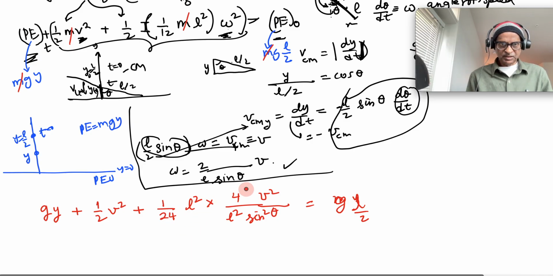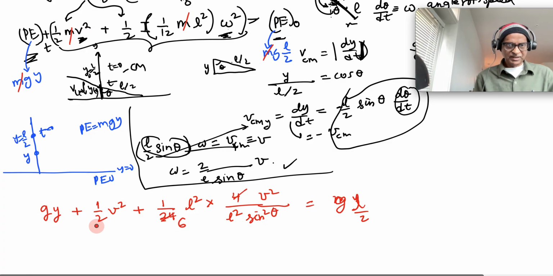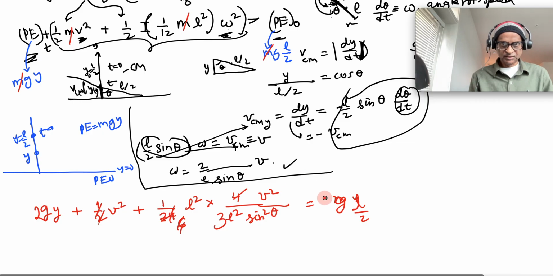So this is 4, this is 6, and just multiply by 2 everywhere, so it makes it 3, 2 here, and that 2 goes away.